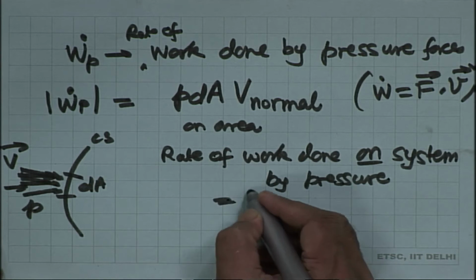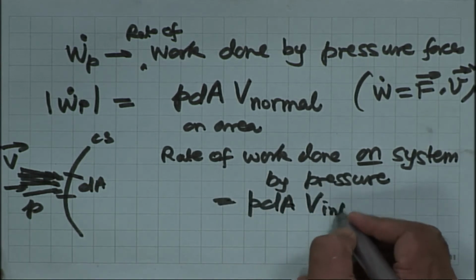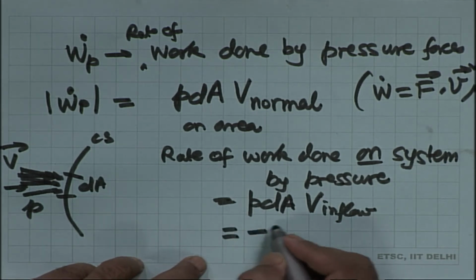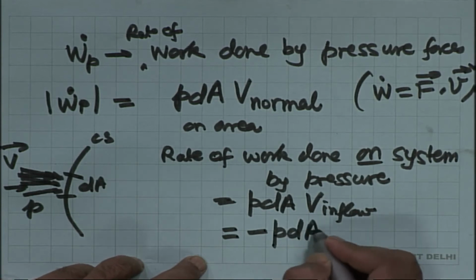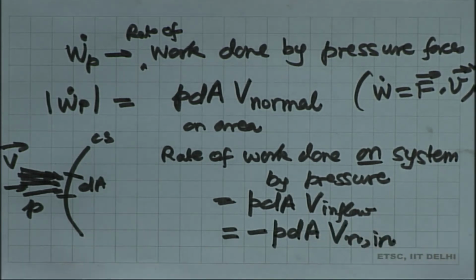This will be equal to P dA multiplied by the inflow velocity. Pressure acts normal, and if fluid is coming in, then this will be equal to minus P dA times V normal at the inlet. At the inlet, V normal has a minus sign.